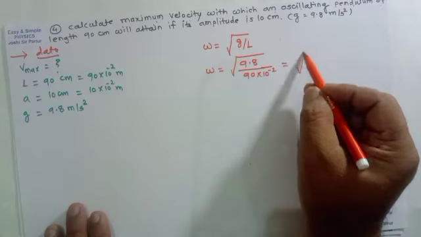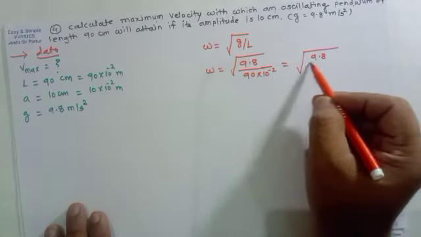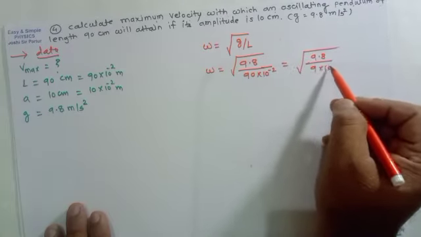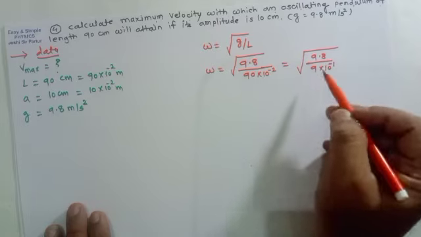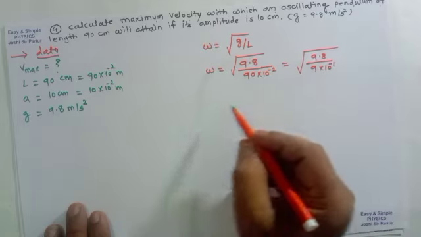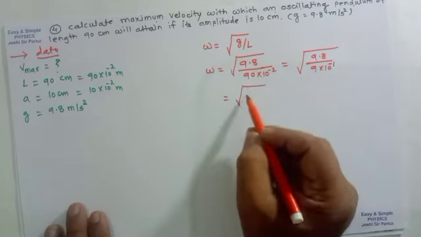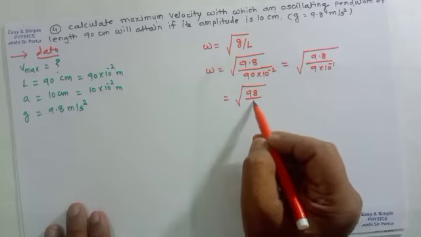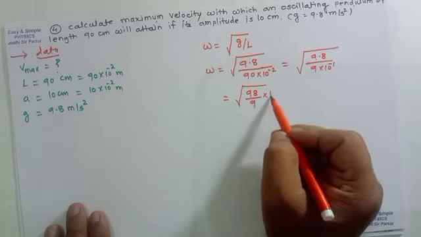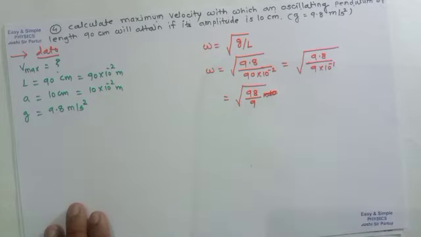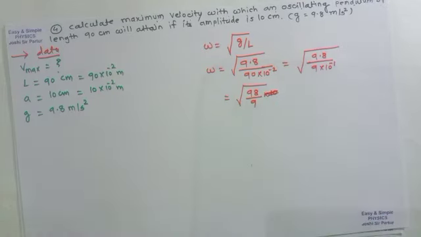Here we can see 9.8 divided by 9 into 10 raised to minus 1. If we shift 10 raised to minus 1 to the numerator, it becomes 98 upon 9 into, see here, 10 raised to 1 gets removed.